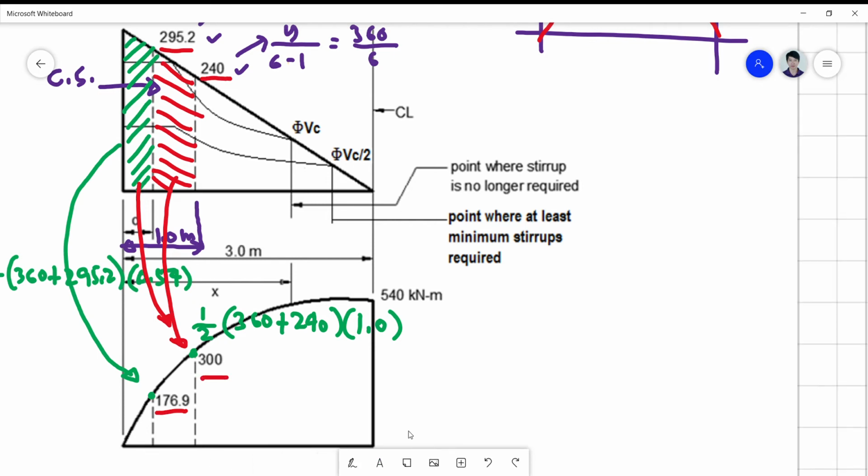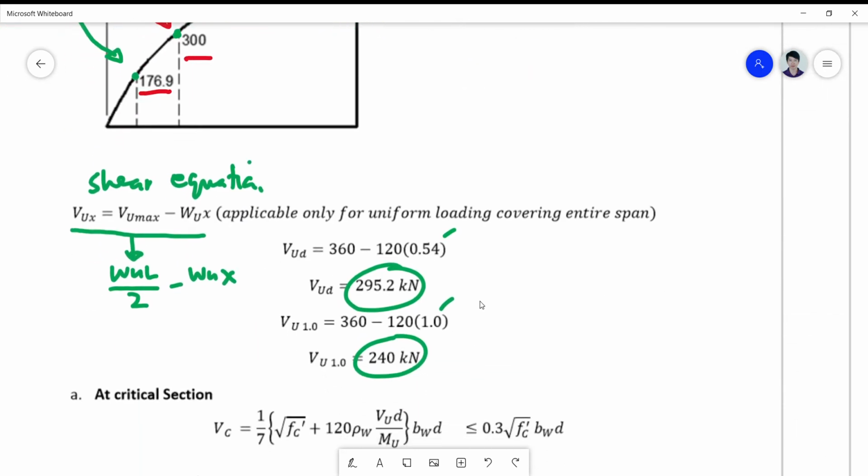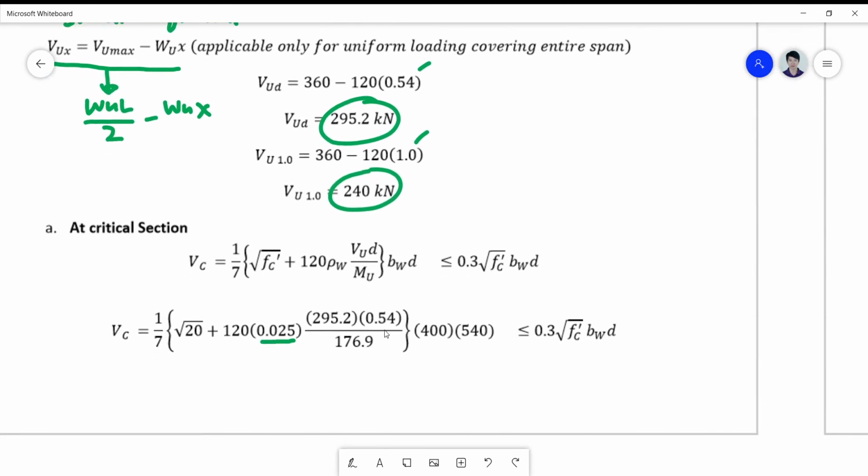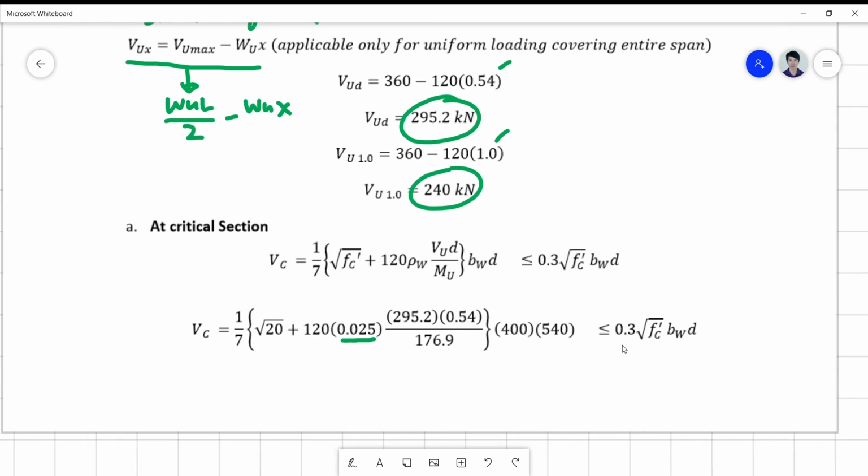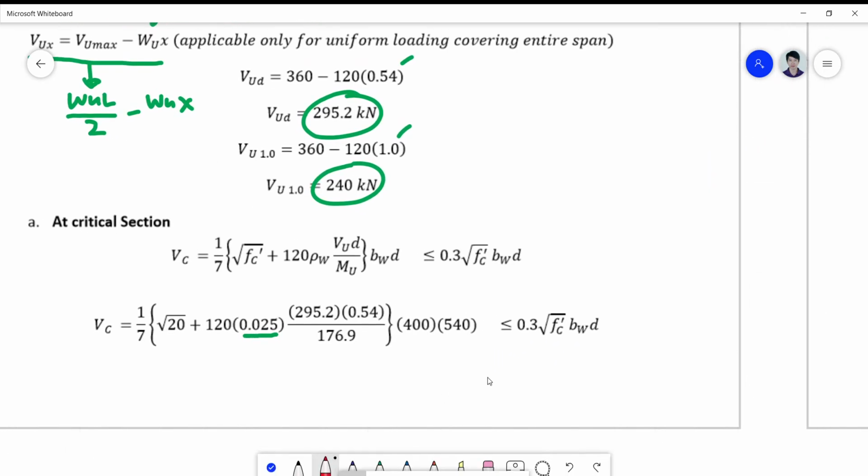For sure, D is fixed to be 0.54 here. So at the critical section, your value is computed and it must be less than or equal to 0.30 of f prime square root of f prime times bw d. So this is the limiting value.